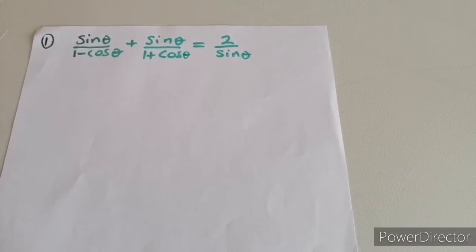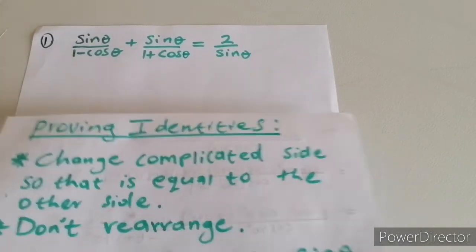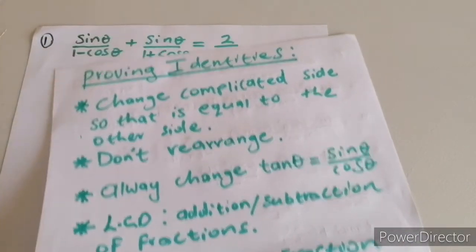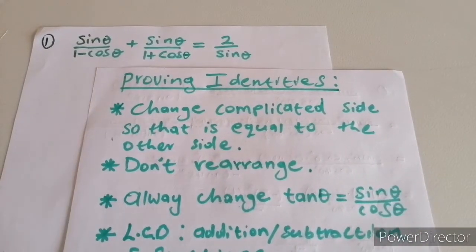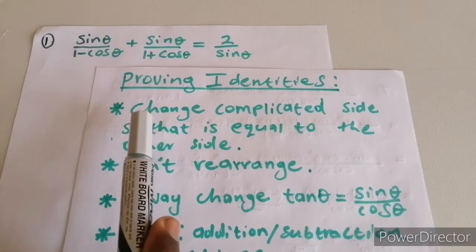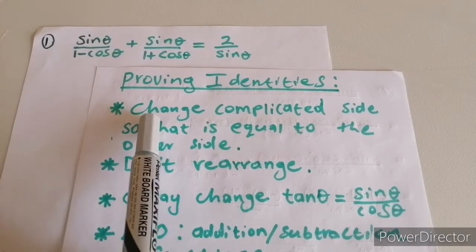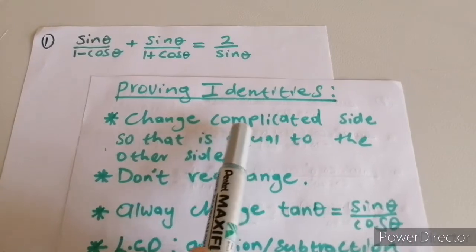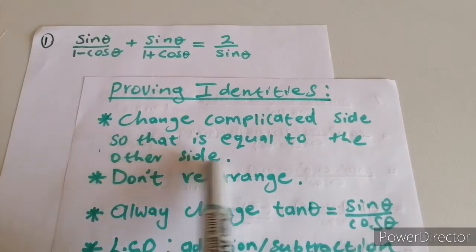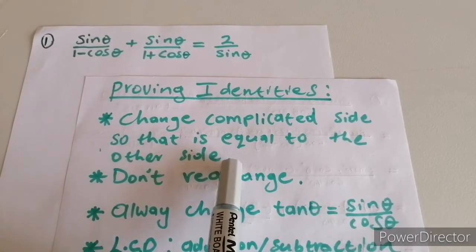Firstly, we're going to look at what is very important when proving identities. We have a list of what is important here. When proving identities, please change the complicated side so that it is equal to the other side.